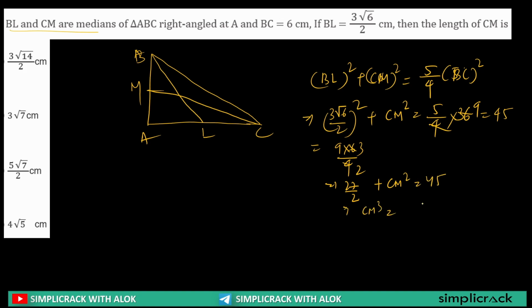So CM square is equal to 45 minus 27 by 2, that is 90 minus 27 by 2, 63 by 2. So CM is equal to square root of 63 by 2.